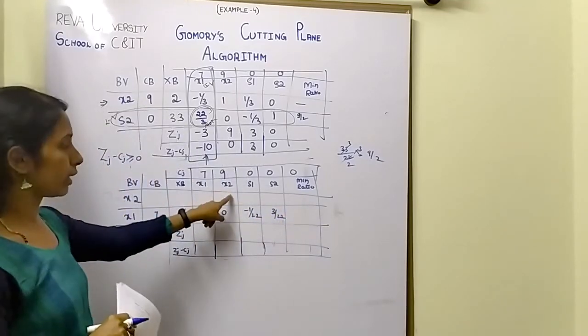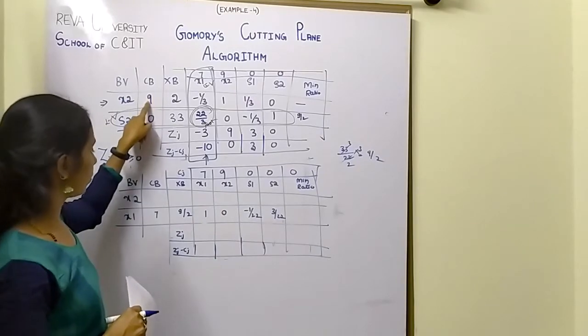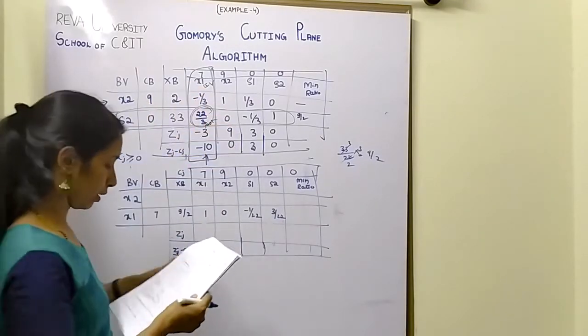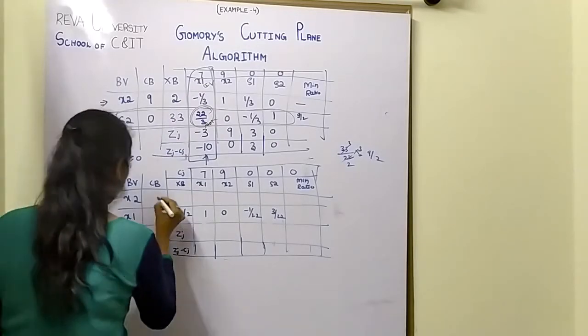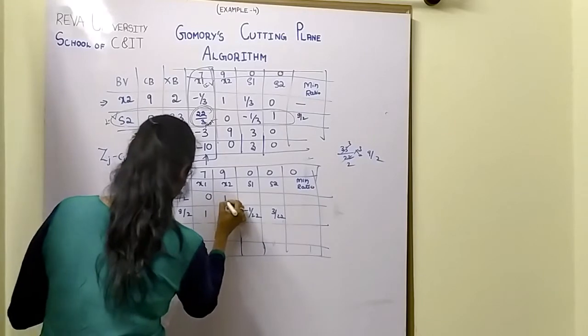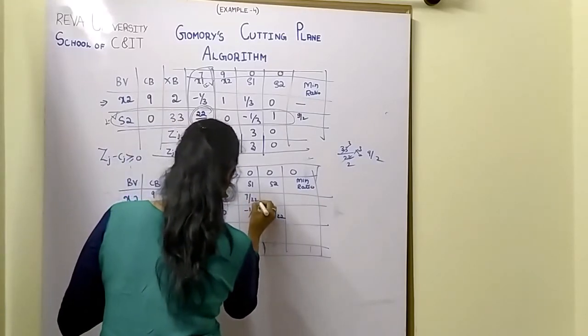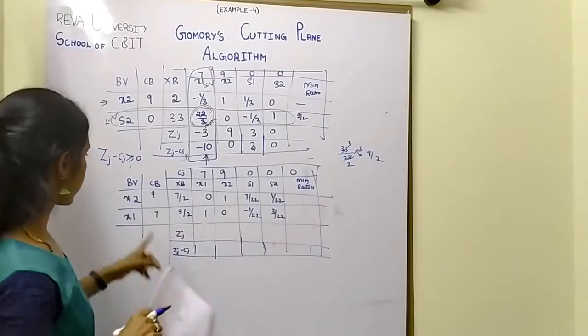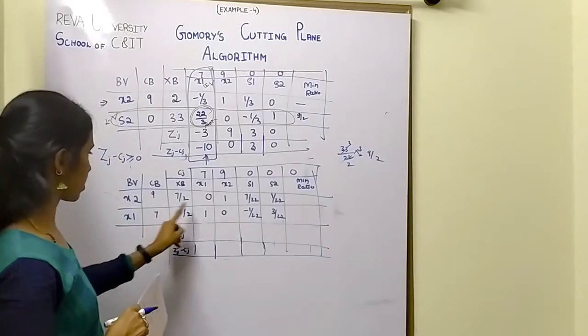To find out the values for this row, old value minus new value into the value in the entering column. So you will get here 9, 7 by 2, 0, 1, 7 by 22, 1 by 22. What is Zj? This into this plus this into this.